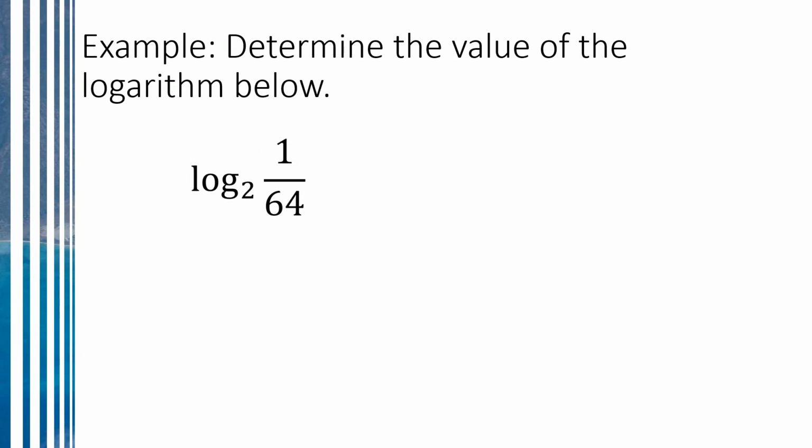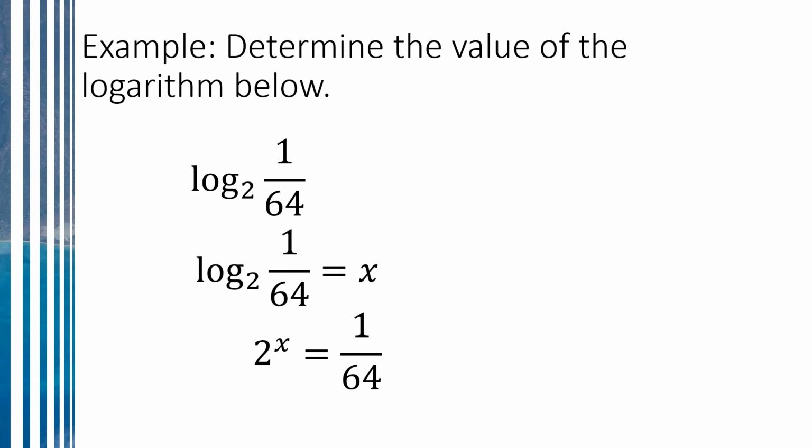Okay, another example, let's say the logarithm of 1 over 64 with the base 2. So you have the logarithm of 1 over 64 with the base 2 equals x. Then you could have 2 raised to x is equal to 1 over 64.